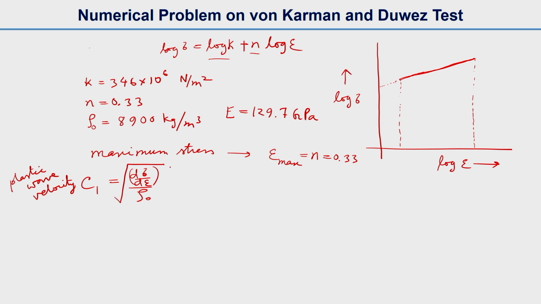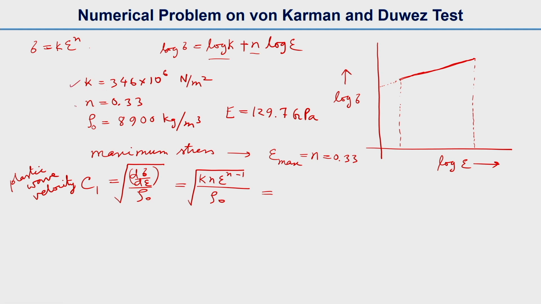From the earlier expression, sigma equal to k epsilon to the power n, the derivative of sigma with respect to epsilon is k n epsilon to the power n minus 1, divided by rho naught.